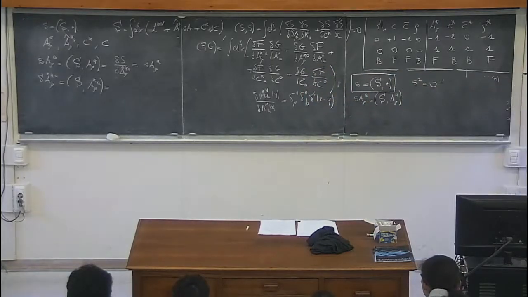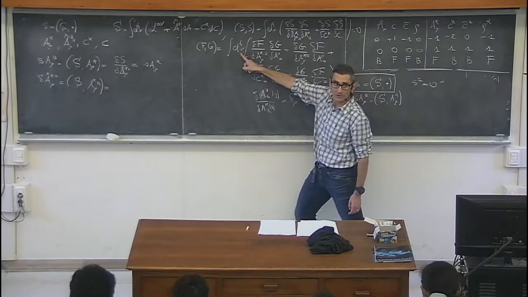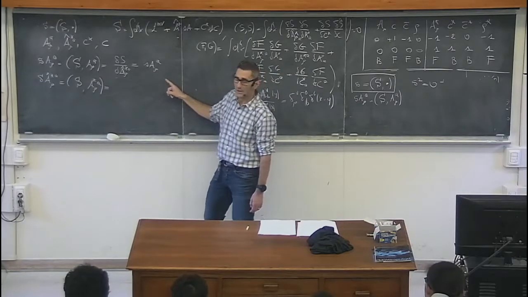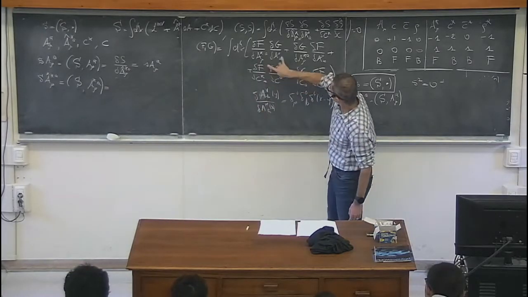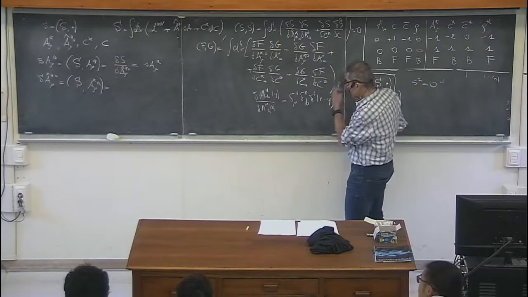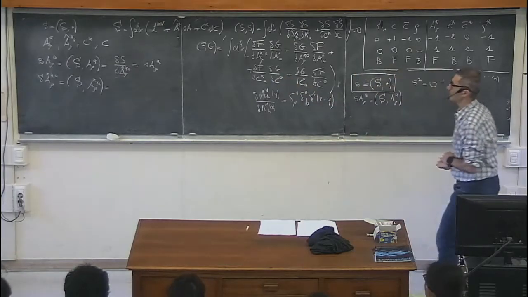This is the functional derivative. When I integrate over the axis, I end up with something which is local. The same thing happens for the indices. The index mu is contracted, the index a is contracted here. So here I get the delta functions, and then I get these expressions.